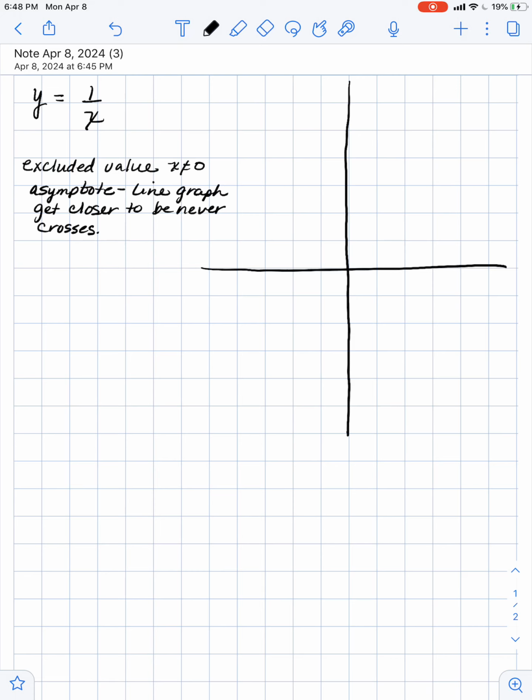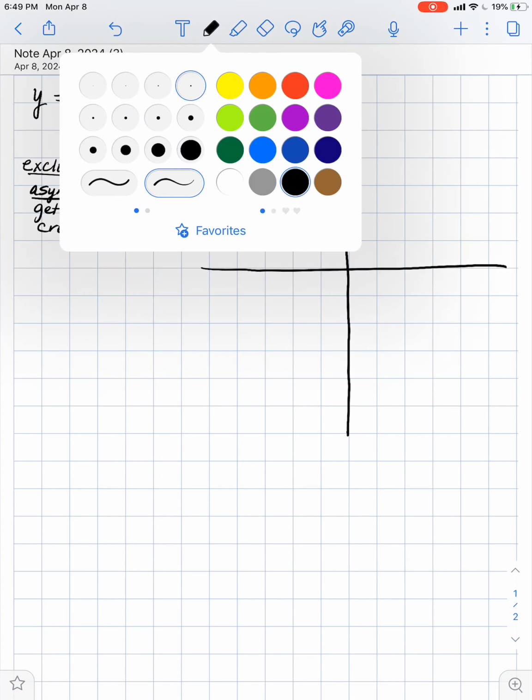So in this case, our excluded value actually becomes our asymptote line, which is x equals 0. When we say it's excluded, we say x cannot be 0, but it becomes our x equals 0 asymptote line. And so what we do is we graph that in.